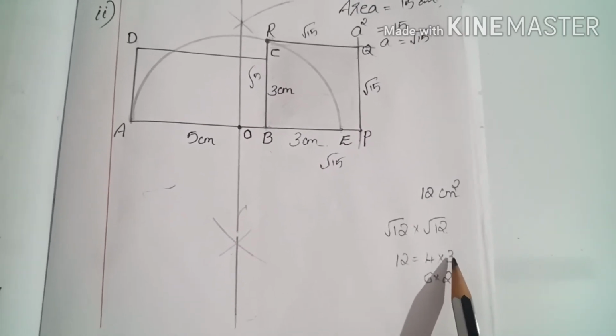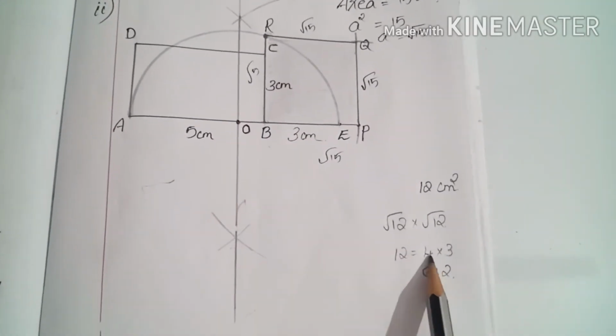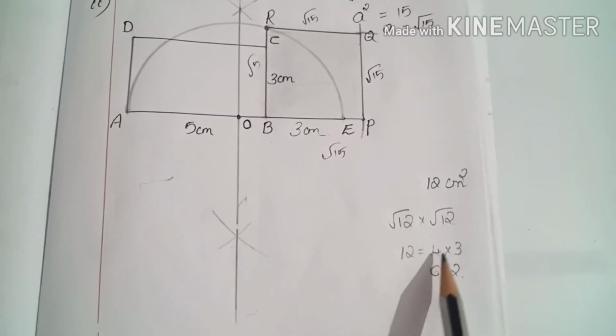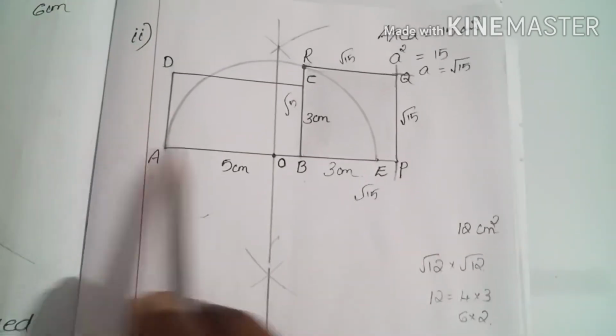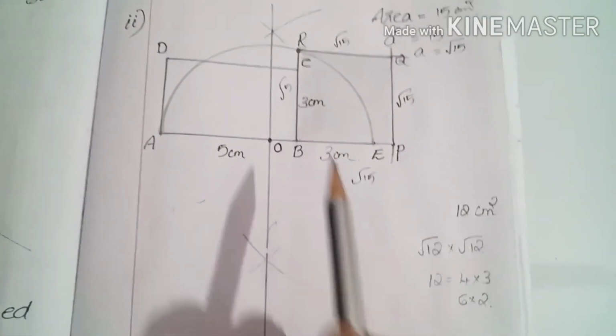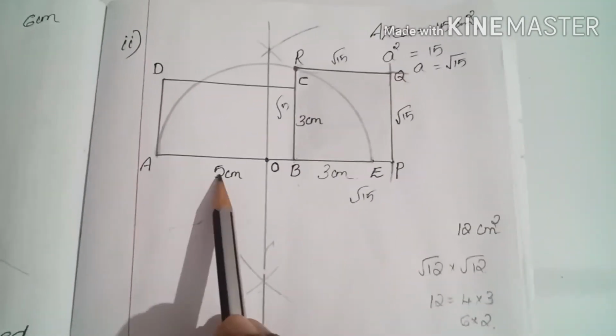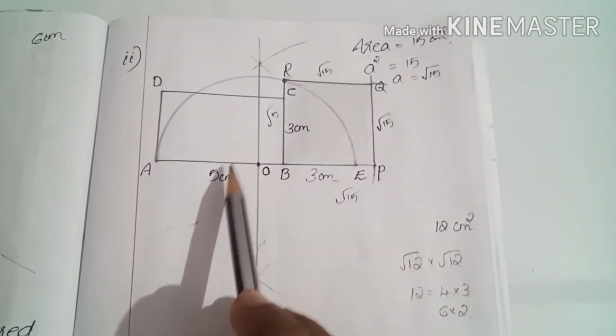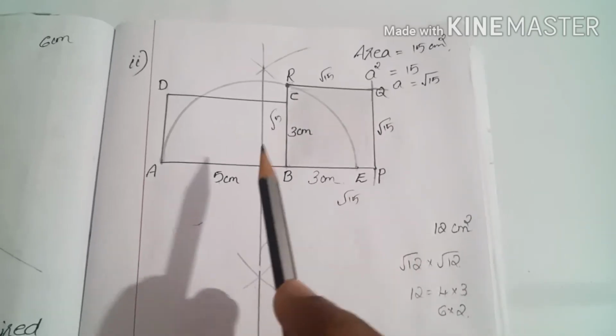So the method will be the same. Here 4 into 3, that means for a rectangle you can take the length as 4 cm, breadth as 3 cm, same like this. Instead of 5 and 3 you can use 4 and 3. Then use the same way: extend 3 cm, then find the midpoint.